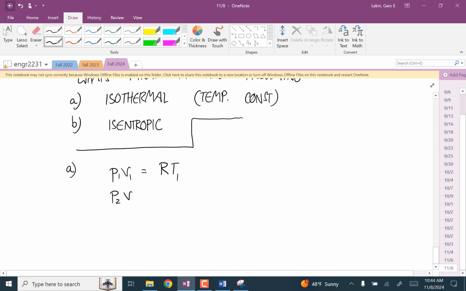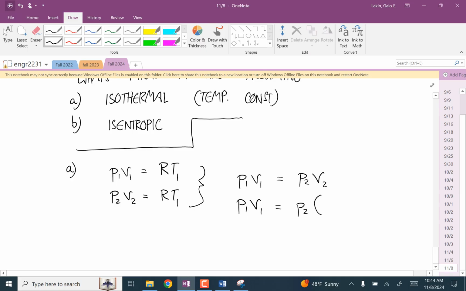We have P2 V2 is equal to R, also T1. And so then you just have P1 V1 is equal to P2 V2.